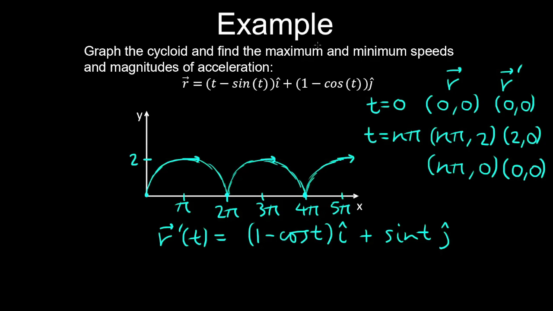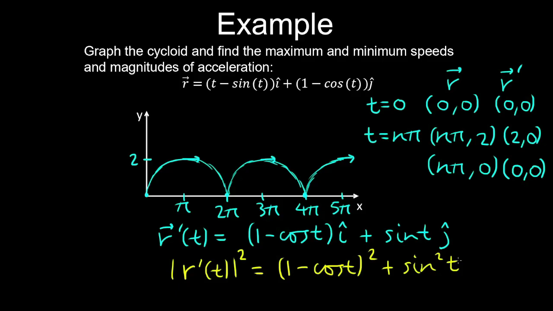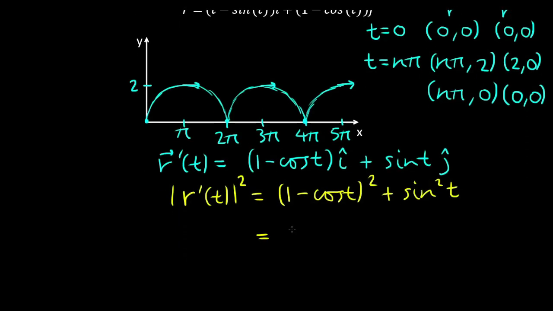And to find the maximum and minimum speeds, we take the magnitude of the velocity. And here we'll take the squared magnitude first. So that gives 1 minus cosine t squared plus sine squared t, which is equal to 1 minus 2 cosine t plus cosine t squared plus sine t squared.